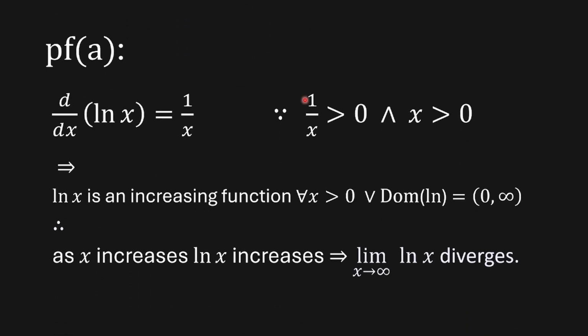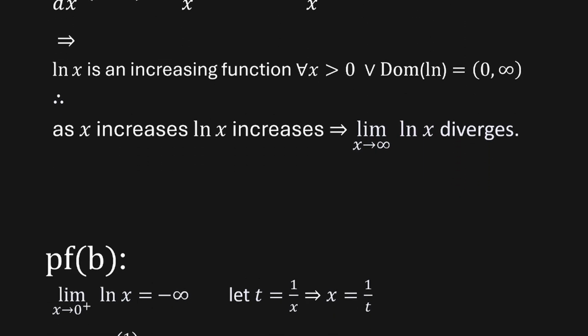Alright, proof of A. The derivative of ln x is equal to 1 over x, and because 1 over x is always greater than 0, and x is always greater than 0, because that's the domain of ln x, then ln x is an increasing function for all x greater than 0, or you could say for all of the natural logarithm's domain, being 0 to infinity. Therefore, as x increases, ln x increases, implying that the limit as x approaches infinity of ln x diverges, and more specifically, it diverges towards infinity.